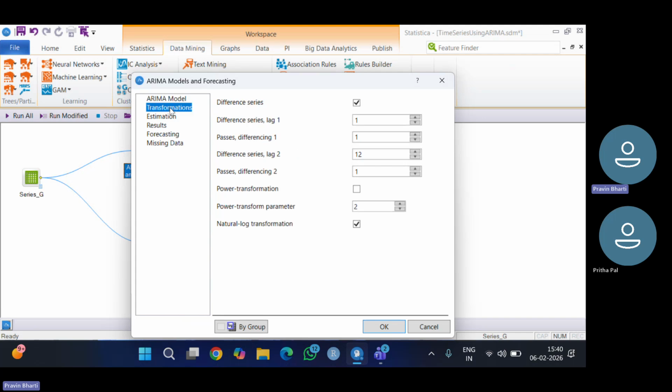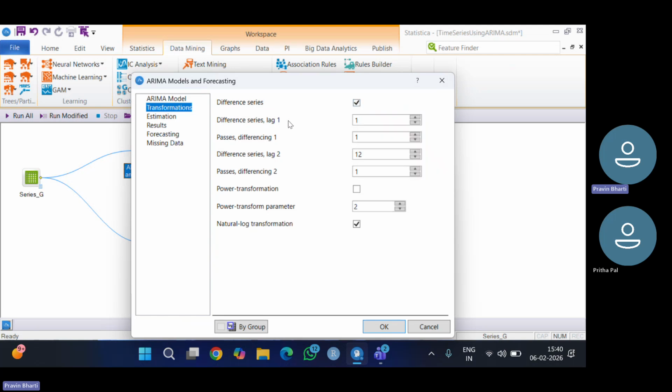Then we go for the transformations. Because our raw series has a growing trend over time and also has multiplicative seasonality, we need to difference our raw series. So I have selected this checkbox.